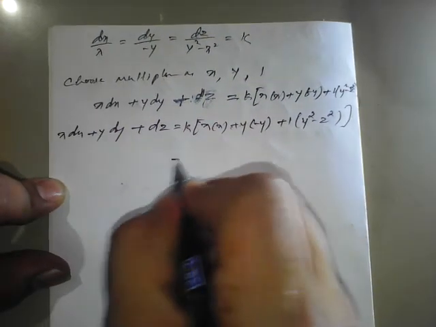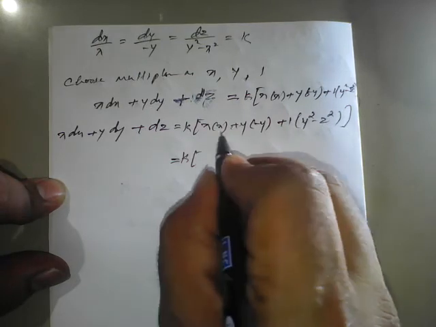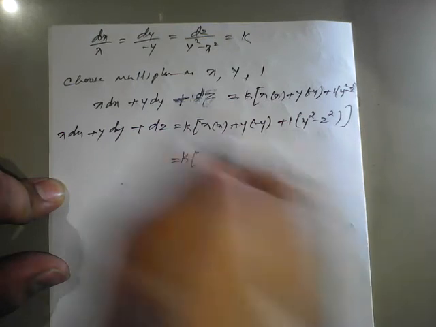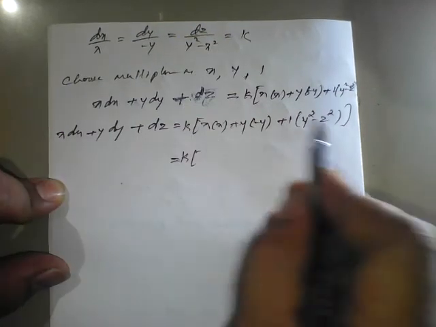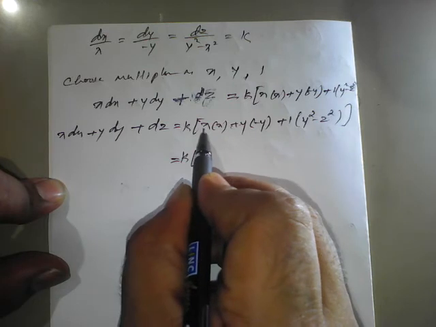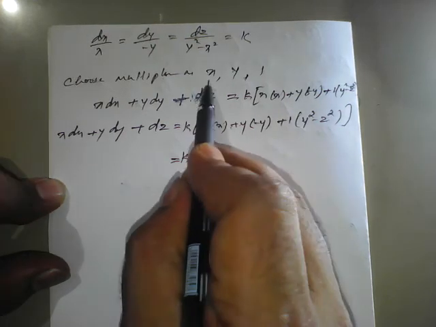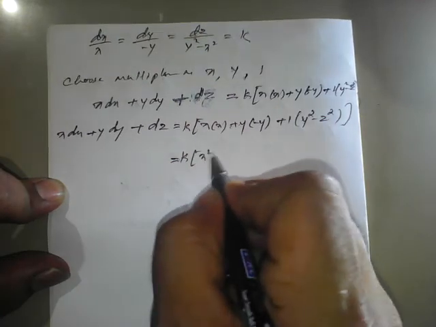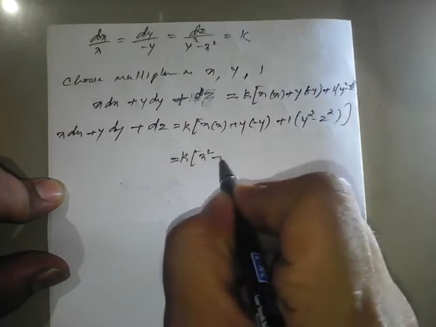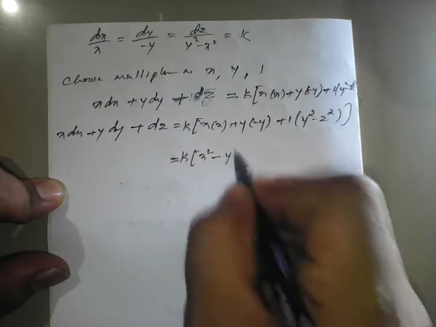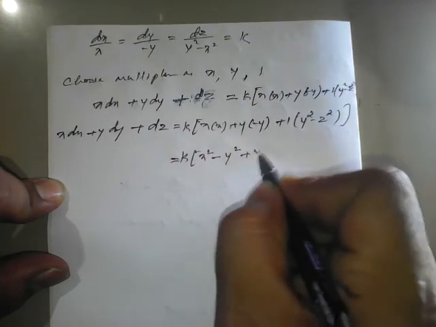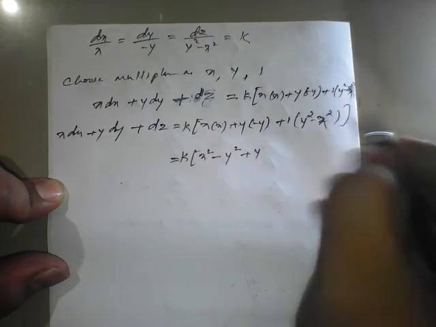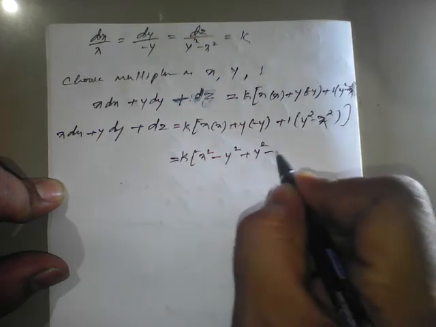Just check the right hand side. Whatever multipliers I am choosing, if I multiply with these denominators, this should become 0. Let us see whether it is becoming 0 or not. If it is not becoming 0, then the multiplier we have chosen is wrong. x into x is x square, plus into minus is minus, y into y is y square, plus y square minus x square.